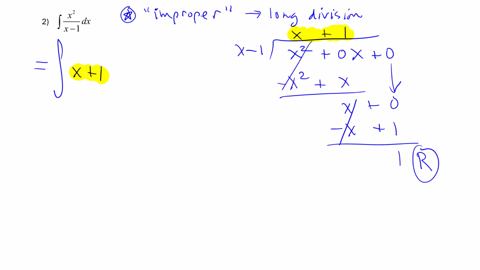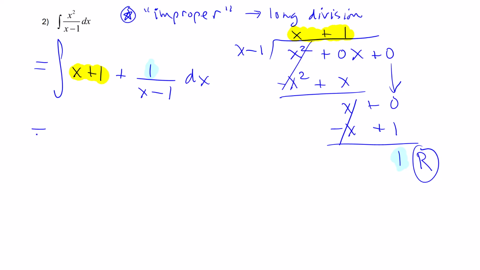But the result of the long division would also include the remainder. So that would be plus 1, the remainder, over the original divisor of x minus 1. And then we shouldn't forget our dx. Let me highlight that remainder so we know where that's coming from. So this 1 is our remainder, but it shows up in our integrand.